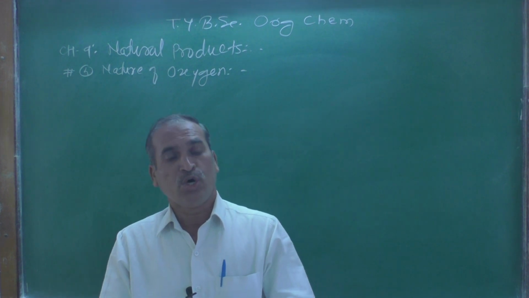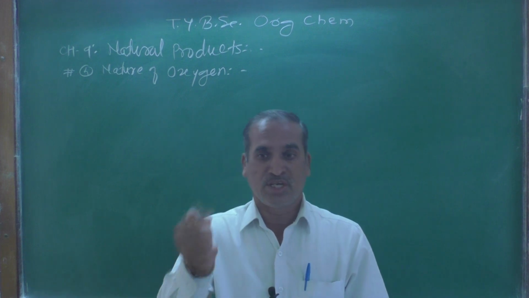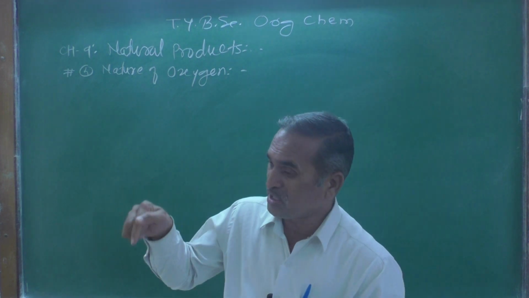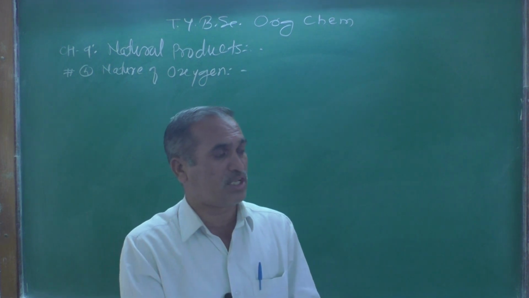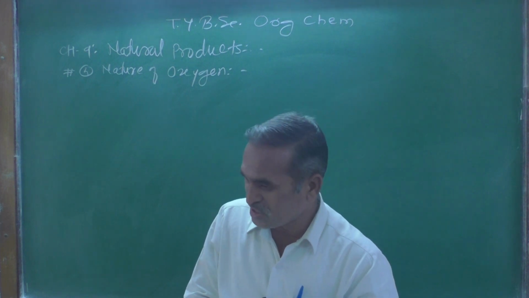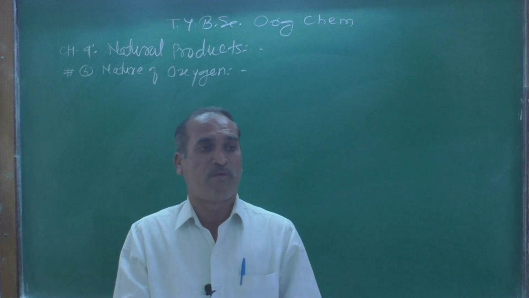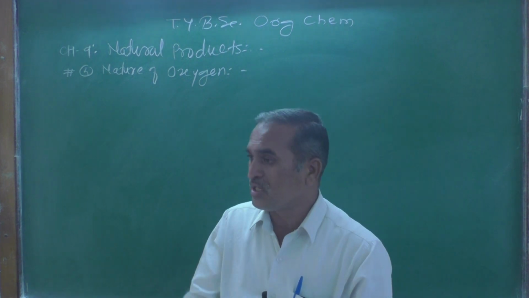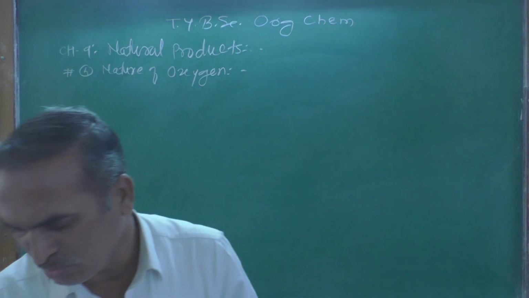These are the various forms of oxygen. Citral contains an oxygen atom, and therefore it is necessary to find out in which form it is present in citral, which we are learning here.